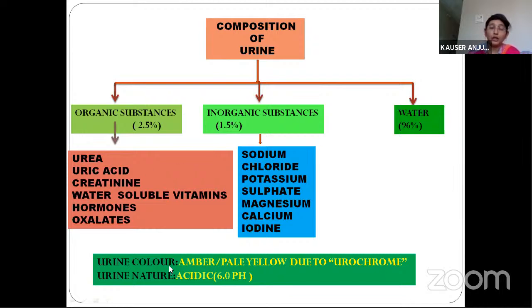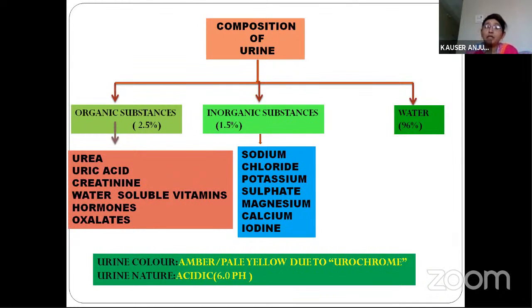Now coming to the color of the urine, it is amber or pale yellow in color. Why? Because of RBCs. RBCs after 120 days are destroyed in the liver, isn't it?